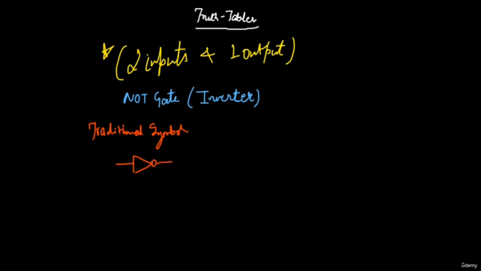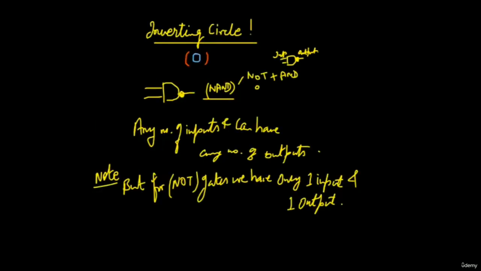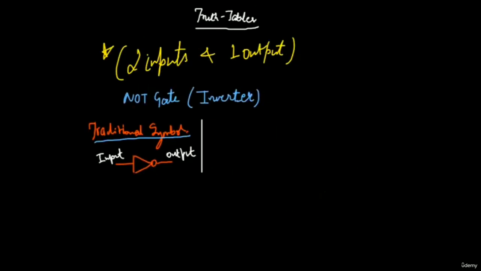Basically this is the input point and this is the output. So we have one input and one output, and now let's get into its truth table. Well, before reaching the truth table, just out of respect for the IEC standard, as we have seen here, its official or IEC symbol, we are also going to learn that one.